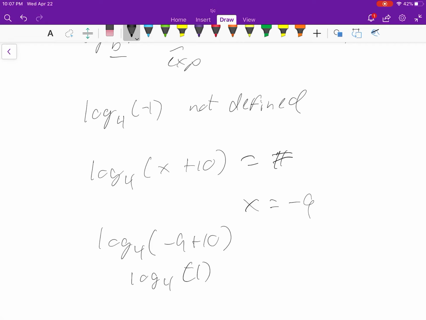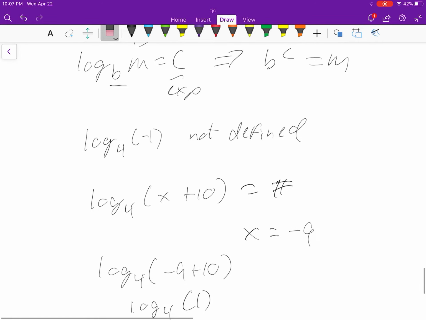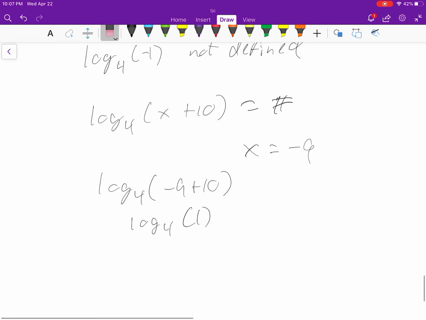All right? And we know that log is defined for 1. So just because we got a negative answer doesn't mean it's not defined. Now, if we got -11, it wouldn't be defined because -11 plus 10 is -1, and -1 is not defined. Okay? So we need to check our work when we're done.